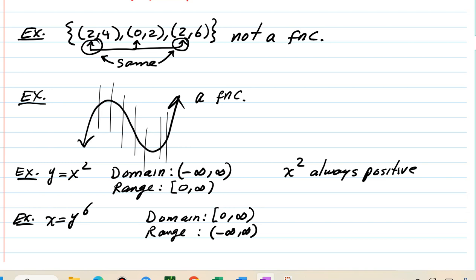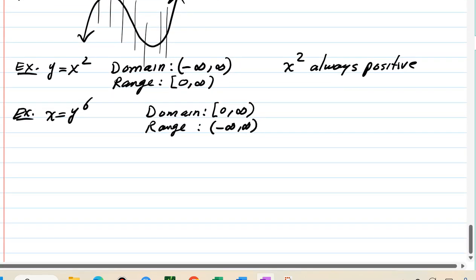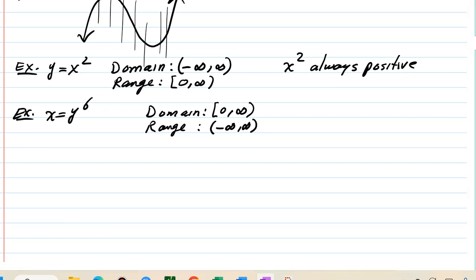Now the question is, is this a function? Well, if I can find for the same x two different y values, then it's not a function. So let's check. Let y be 2. Then 2 to the 6, which is x, is 64. What about when y is negative 2?